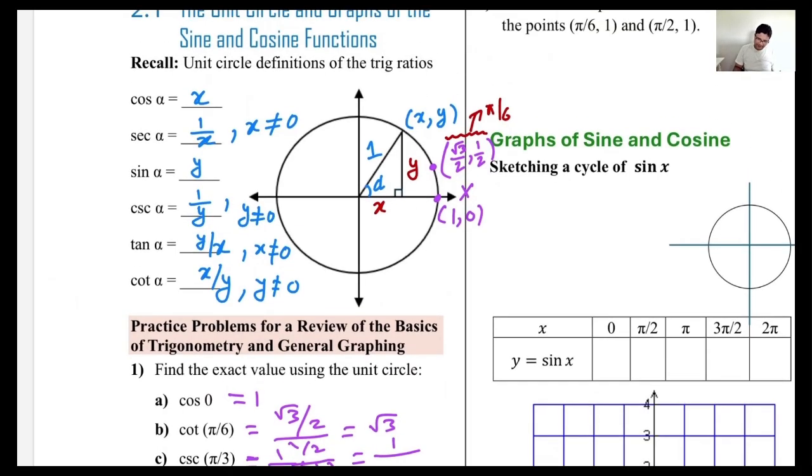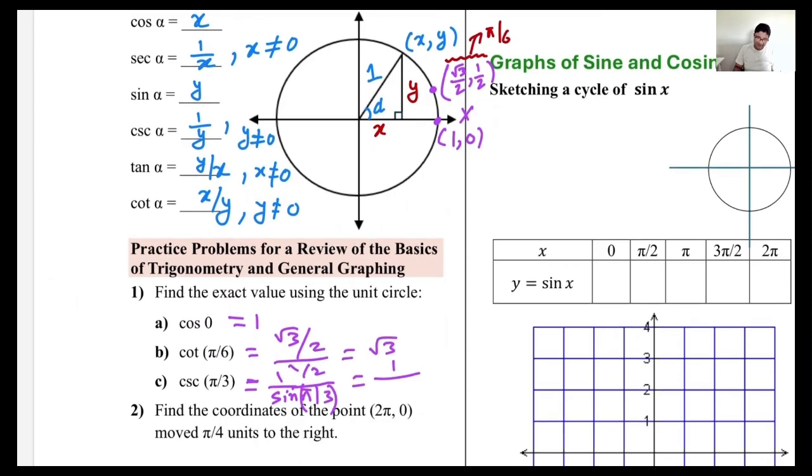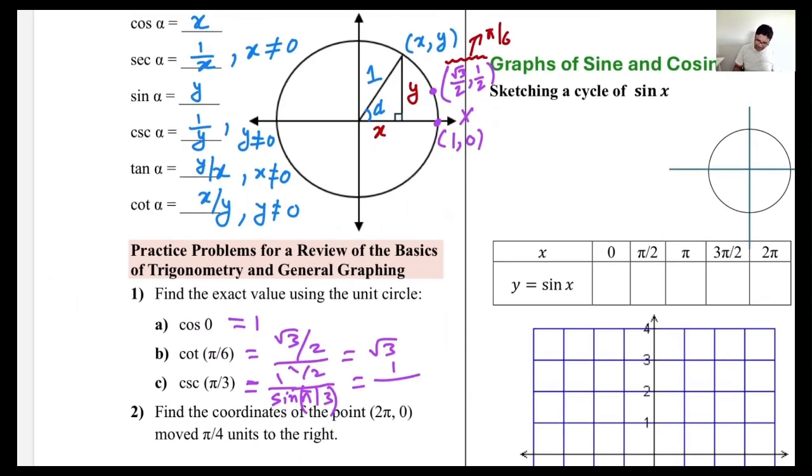When the angle is pi over 3, that is 60 degrees, the y coordinate is root 3 over 2 corresponding to 60 degrees on the unit circle. So this, if you simplify, will become 2 root 3 over 3. Work it out.